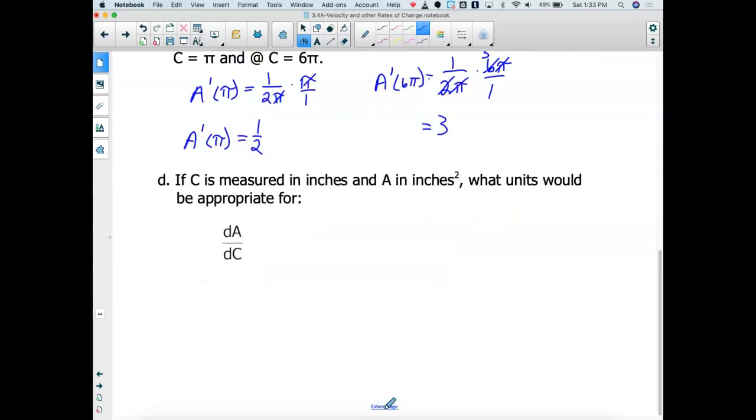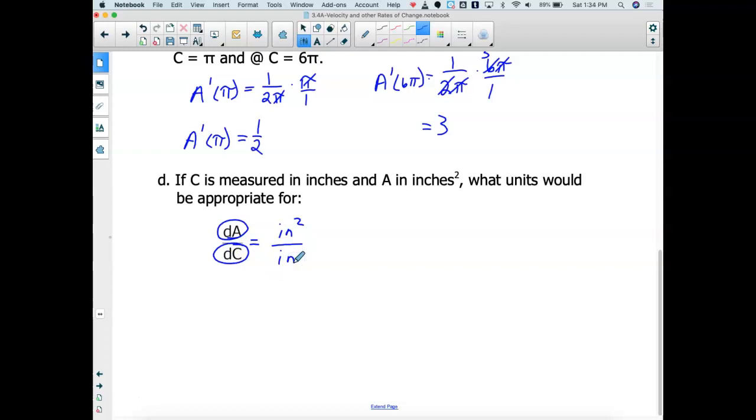If C is measured in inches, because circumference is a linear unit of measure, and A is measured in inches squared, what would be appropriate units for the change in area over the change in circumference? Change in area is going to be inches squared. Change in circumference would be inches.